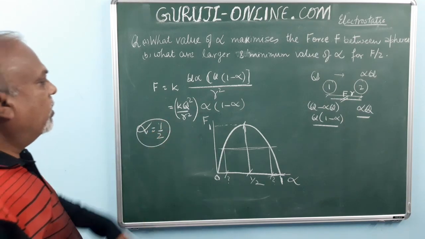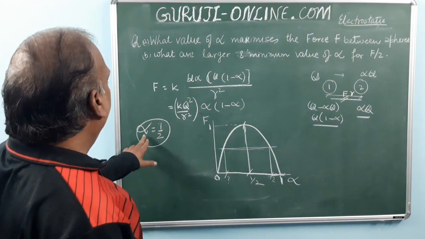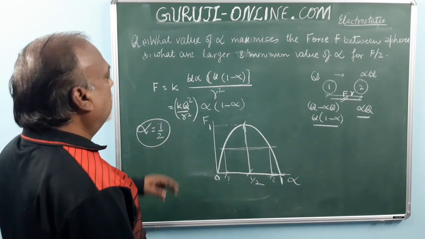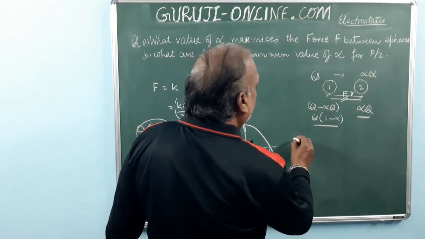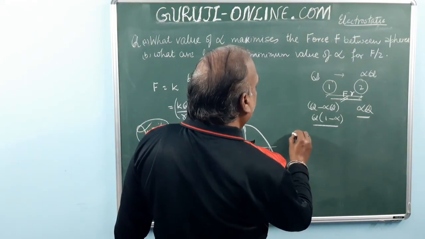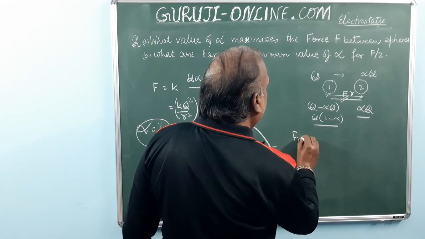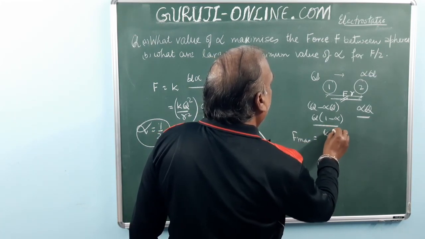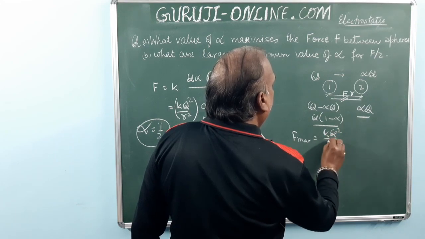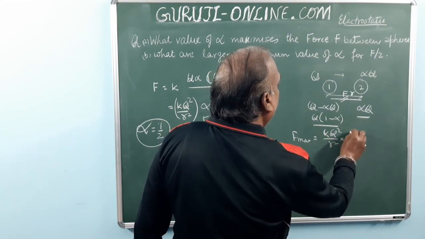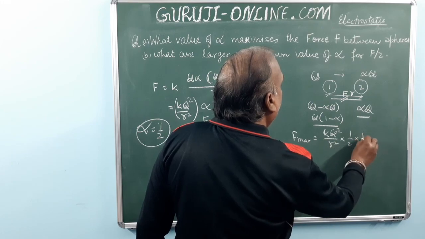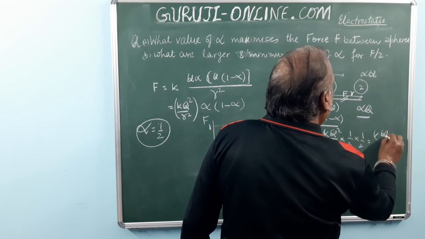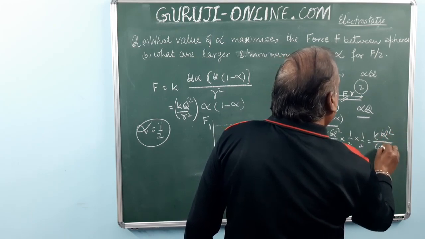Now we already know that at alpha 1 by 2 it is maximum. So F max is nothing but k Q square upon r square into 1 by 2 into 1 by 2, that is k Q square upon 4r square.